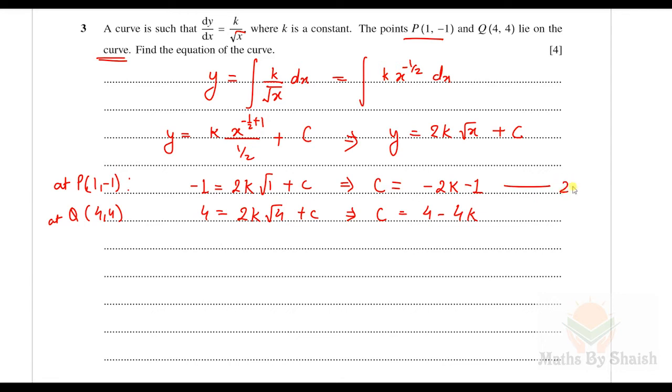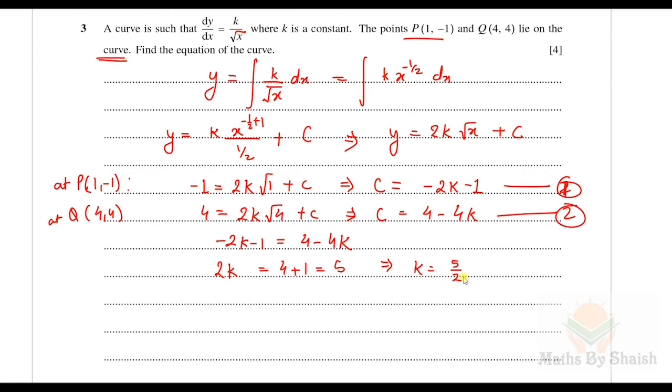So we have the two equations 1 and 2 and two unknowns. We can find them by equating 1 and 2 because left hand sides are same, so we'll get minus 2k minus 1 is equal to 4 minus 4k. I'll transfer it here. We'll get 4k minus 2k, it is 2k is equal to 4 plus 1, it is 5, and hence k is equal to 5 by 2.